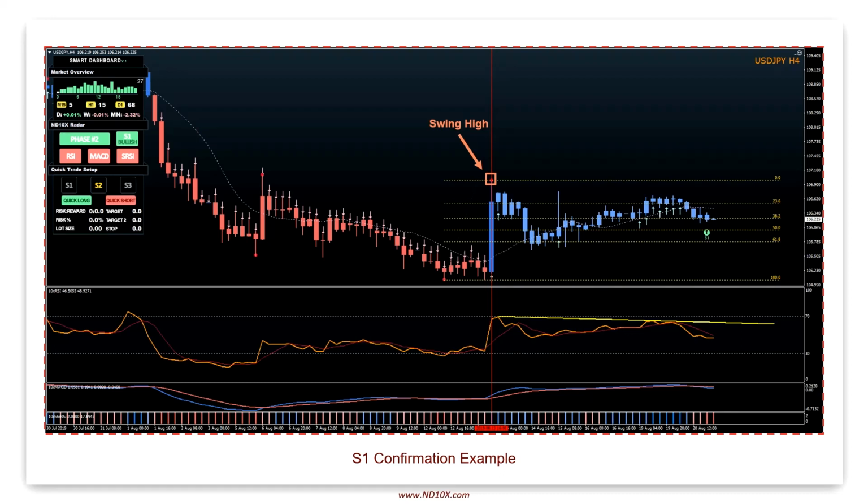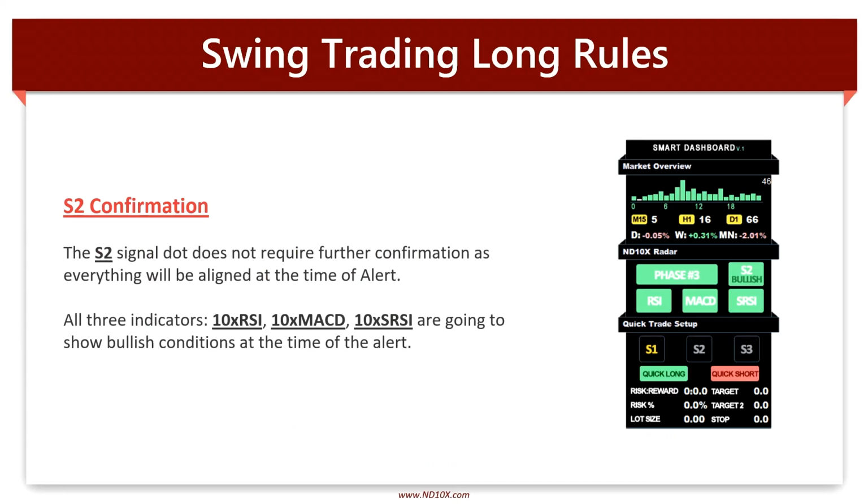We are putting that vertical line. And from that high in the RSI, we are going to draw a simple trend line through the first lower high. And the breakout of that yellow line on the chart would be a sign that we are done with the S1 formation.